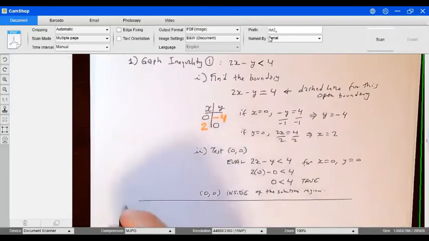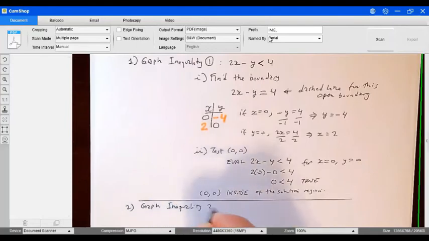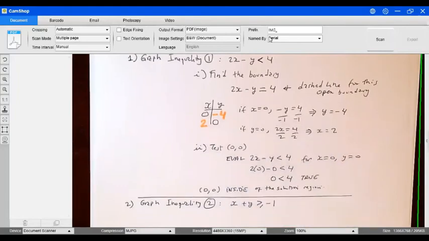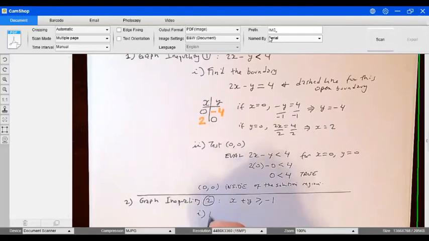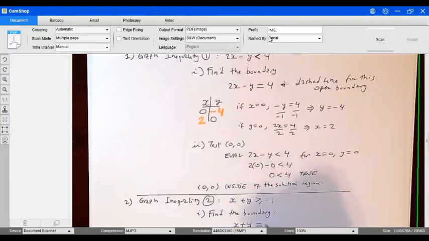Now we're going to gather the information to graph the second inequality. We're just gathering the information; we're going to plot everything later. The second inequality is x plus y greater than or equal to negative 1. We're going to find first the boundary again. You write the left-hand side, then an equal sign, then the right-hand side.